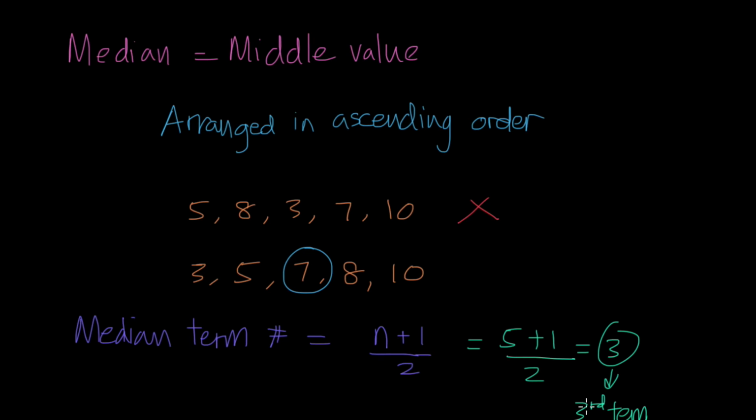Now don't confuse this, the number you get here is not the median. This just tells you which value is the median, okay? Which term number is the median. So let's look at another example. If I have, let's say, 50, 56, 53, 49, 54, 60, okay?